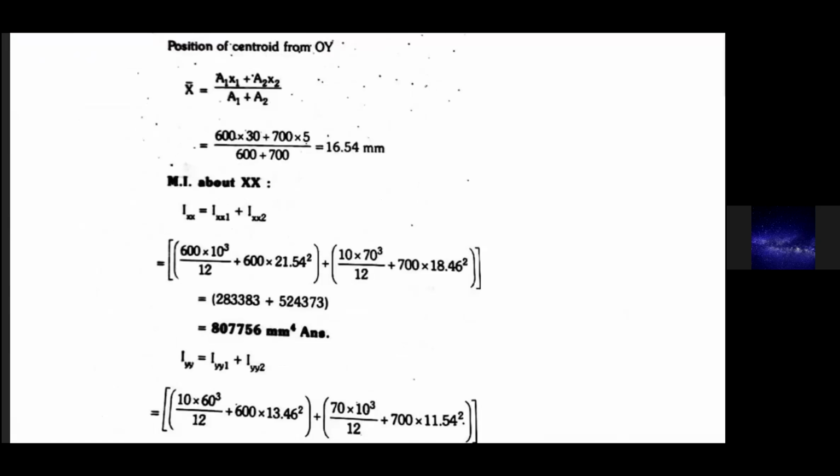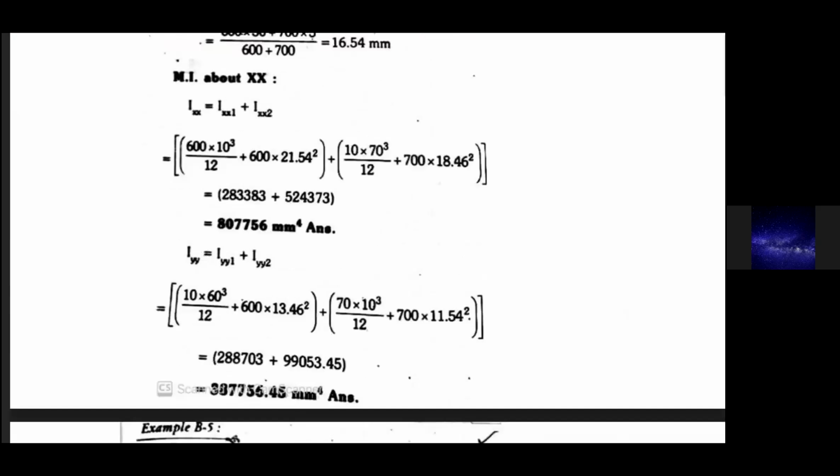Moment of inertia about the x-axis: Ix is equal to Ixx1 plus Ixx2. That is, Ixx1 is equal to b1 d1 cube by 12 plus a1 into hy1 square. Similarly, Ixx2 is equal to b2 d2 cube by 12 plus a2 into hy2 square.